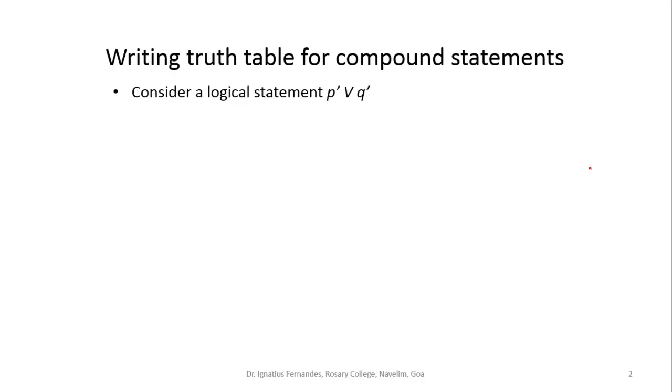Now let us say I want to write down the truth table for this compound statement, that is not P or not Q. Okay, this is P bar or Q bar. So this is a compound statement which involves 2 simple statements, P and Q. And then it is connected by 2 connectives.